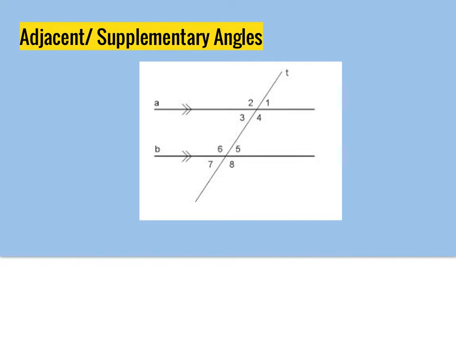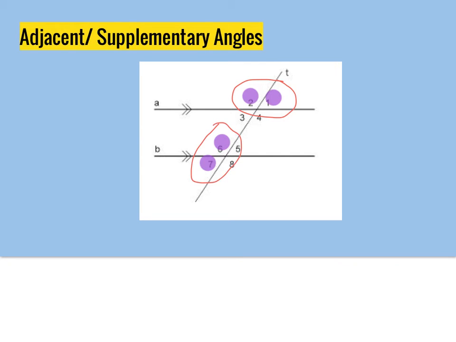Let's go ahead and talk about adjacent and supplementary angles. The word adjacent means that something is side by side, or close to, or near, or touching. So if you think about it in that way, I have a couple of angles that are near each other, touching side by side. So for example, angle 1 and angle 2 are adjacent, but so are 7 and 6. Not only are these pairs adjacent, but if you look at them carefully, you will notice that together they make a straight line.